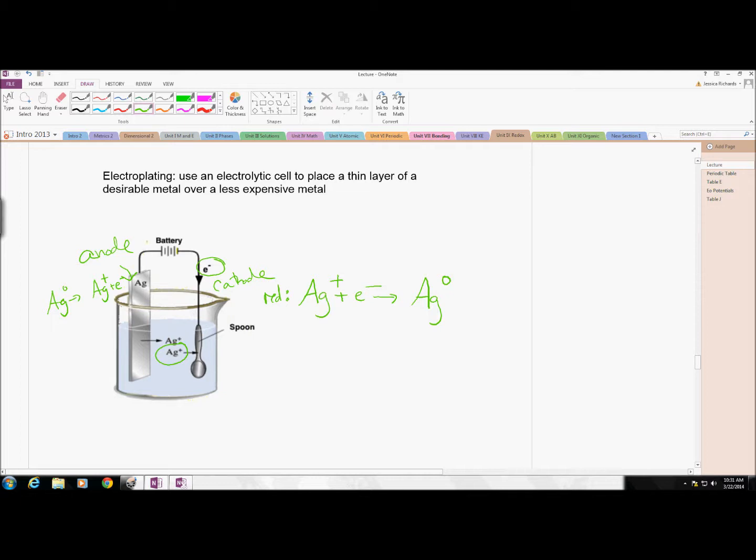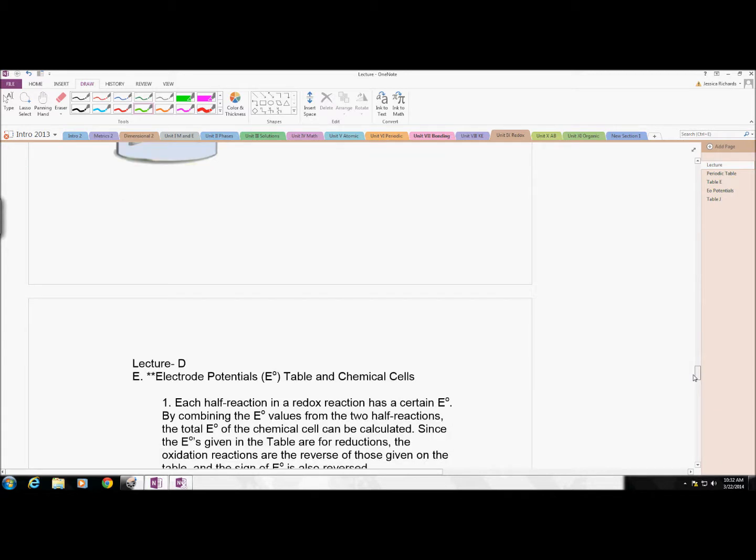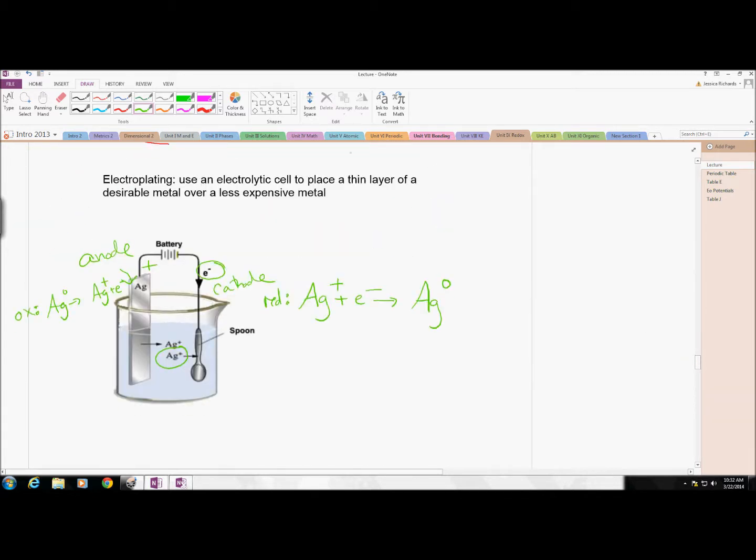And so we're going to hook this to the positive post of our battery, and the anode is going to do oxidation. And again, we'll do more examples of electroplating in class, and that is electrochemistry.